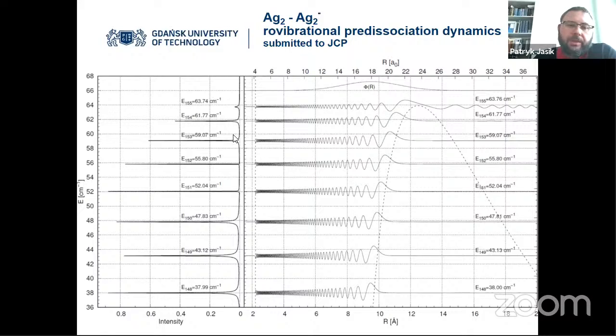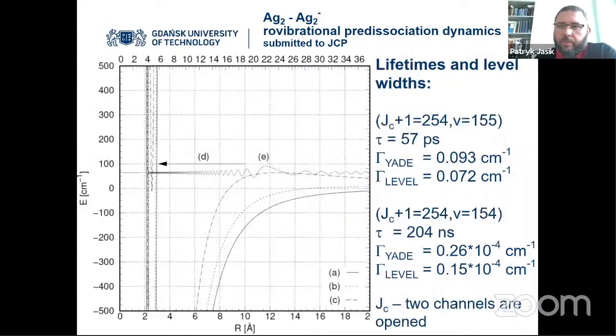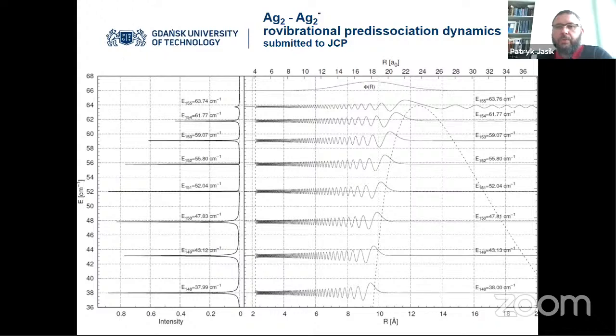Here you can see the comparison of the spectrum obtained by the quantum dynamics approach and the one obtained by the spectroscopy program. The comparison is very good, and we were able to show that vibrational predissociation dynamics is very fast in comparison with the spontaneous emission of the electron.